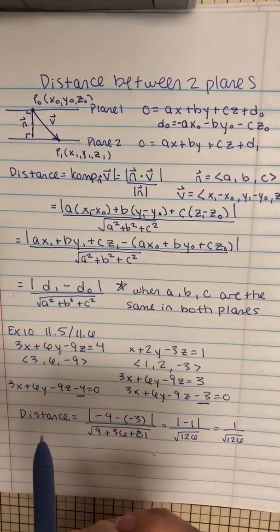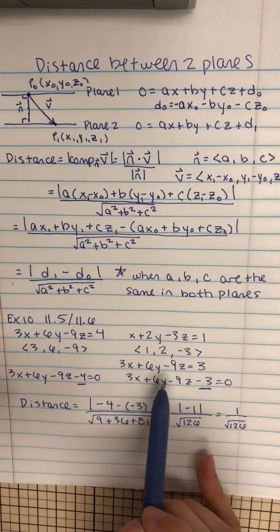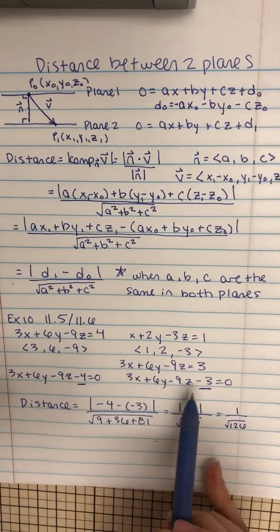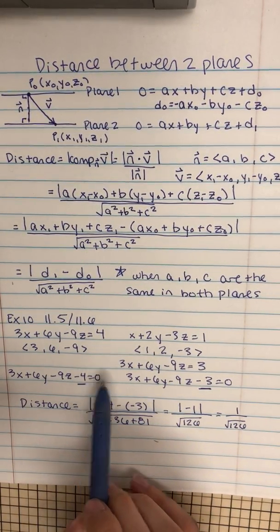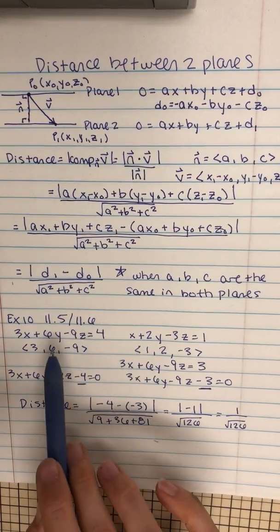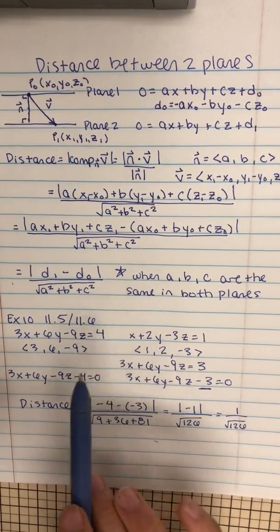However, that's not always true. So you can manipulate one of the equations of the planes so that they have the same normal vector components. Or you can use the example in the notes where you just pick one of them and a point on the other plane to plug into the original formula.